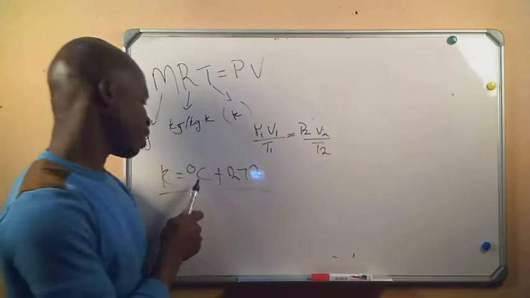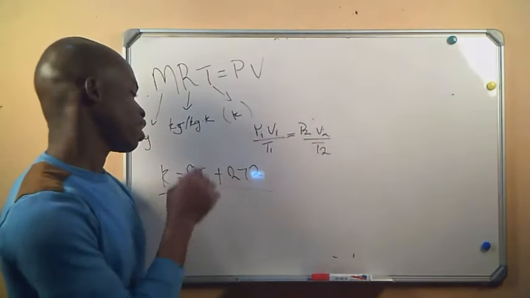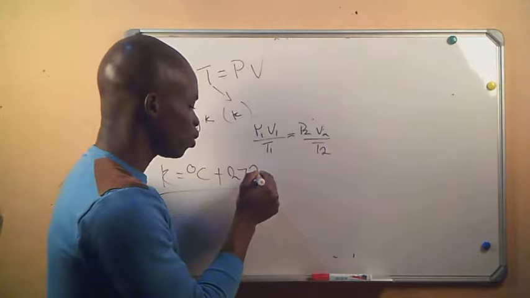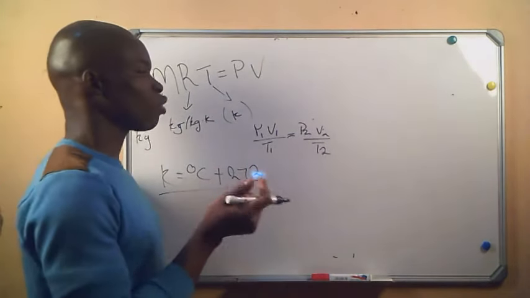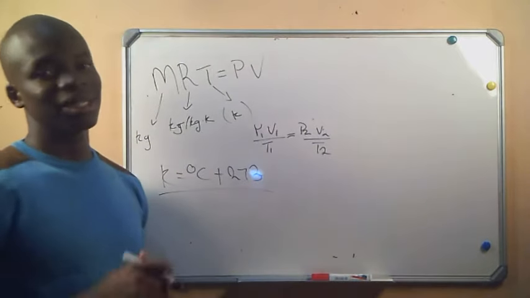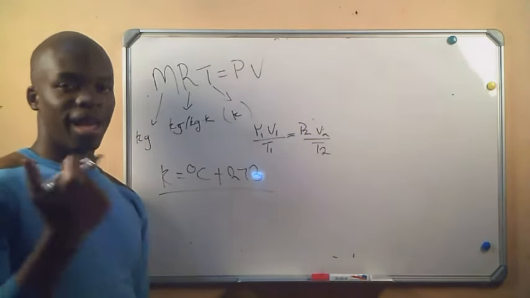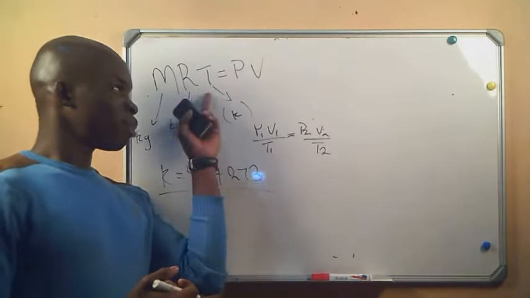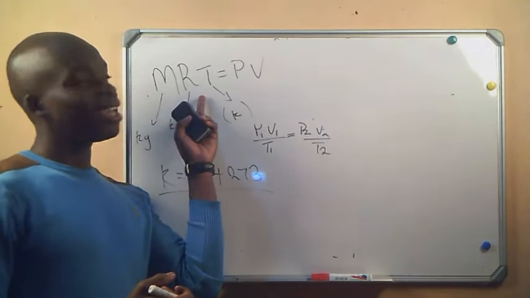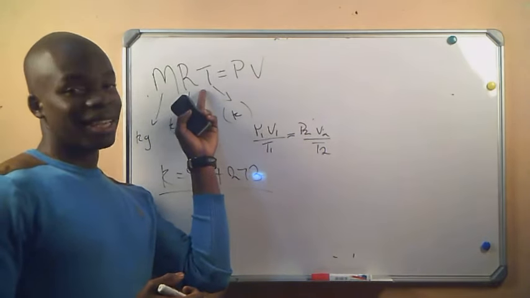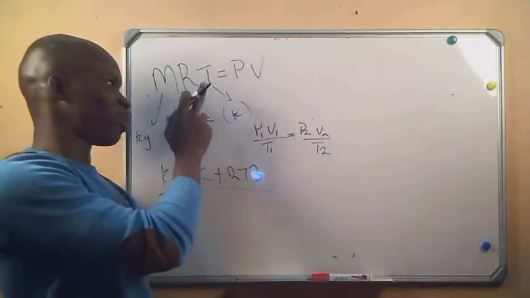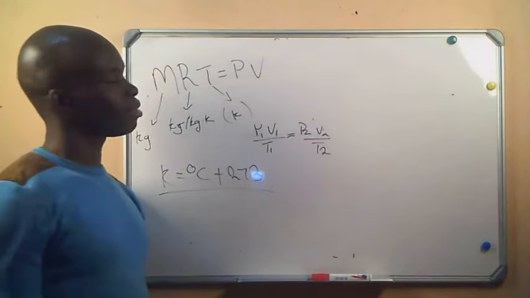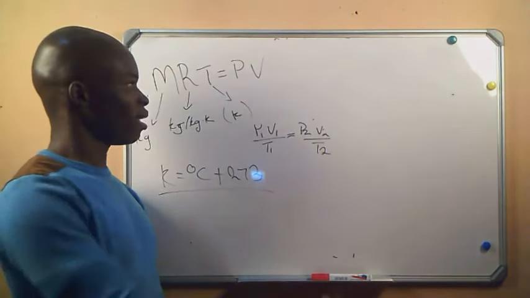To the number that is given in degrees Celsius, you just add 273 and then you get your Kelvin. That way you can proceed with your calculations. Never, ever put a number that is in degrees Celsius here, because even before you start with your calculation, that whole thing will be wrong.